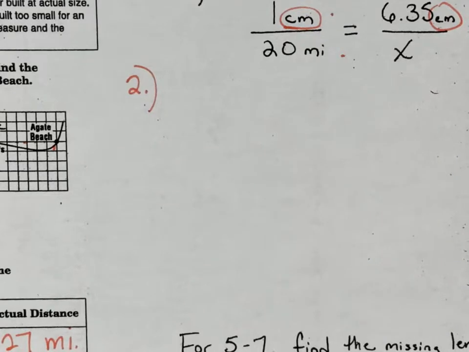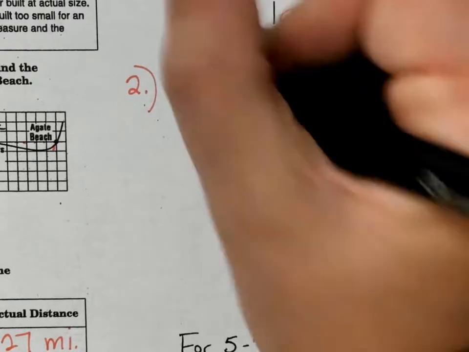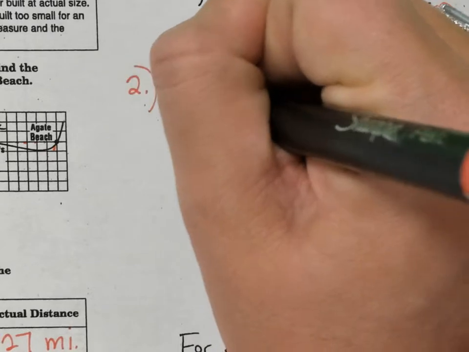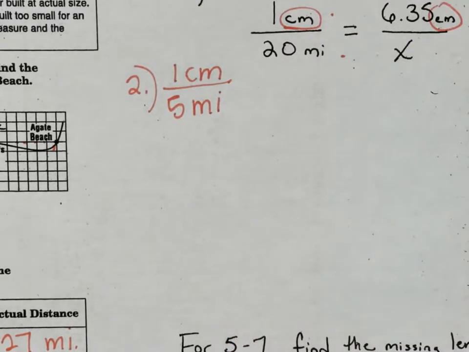So if I'm writing my proportion or my ratio for my scale, what was my scale for number 2? 1 centimeter equals 5 miles. So if I write that as a ratio, that means I have 1 centimeter on top and 5 miles on bottom. So that's my ratio for my scale.